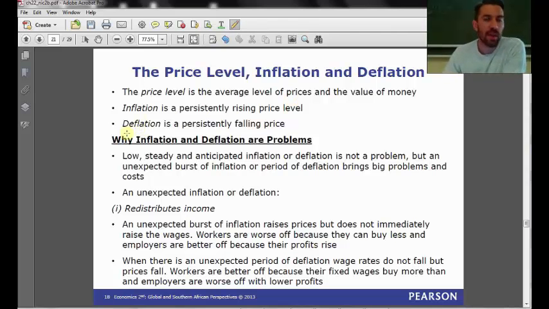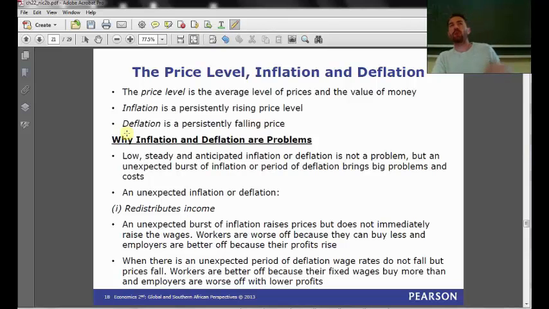Deflation, on the other hand, would be a price level that is continuously falling. Okay? So we can have a rising rate of inflation and we can have a falling rate of inflation. And both of those mean that the price level itself is rising.